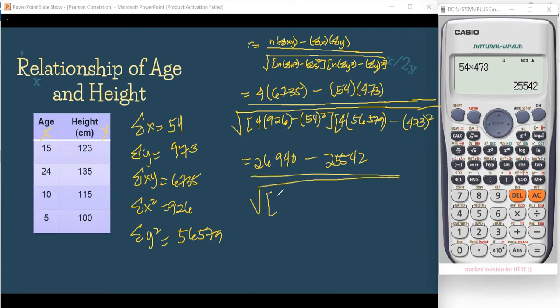So that is 4 times 926, 3,704. 54 squared, 2,916.